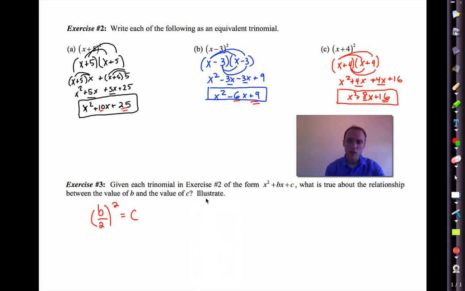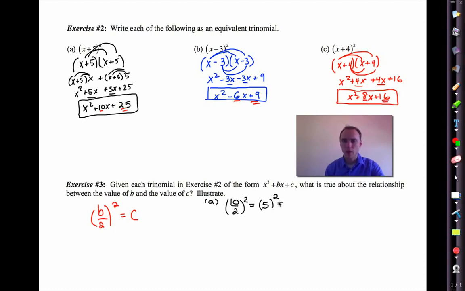So let's check it out in exercise A, because it tells me to illustrate. Let's look back at exercise number 2 and look at A. If I take my b term, 10, divide it by 2, and then square it, I should get my c term. Remember, order of operations matters though. So 10 divided by 2 gives me 5, because that's inside the parentheses.